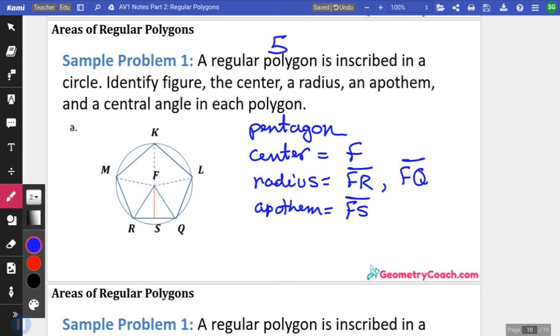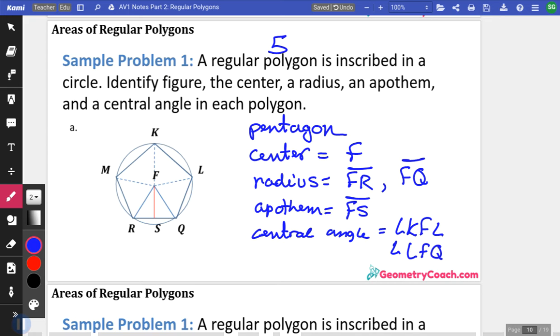And then a central angle. There are lots of central angles. You could do angle KFL, or angle LFQ, or angle RFQ.